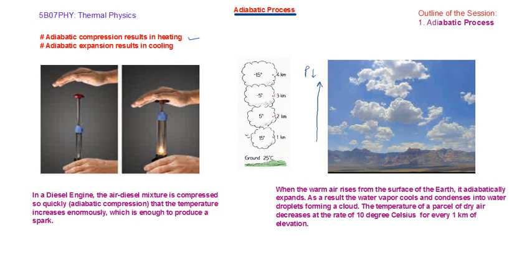Now what happens is that when the warm air is rising from the surface of the earth upwards, it will be undergoing an expansion, and as a result of the expansion, the water vapor inside this parcel of air will be cooling down, and it will condense into water droplets, and finally it will form what is known as clouds.